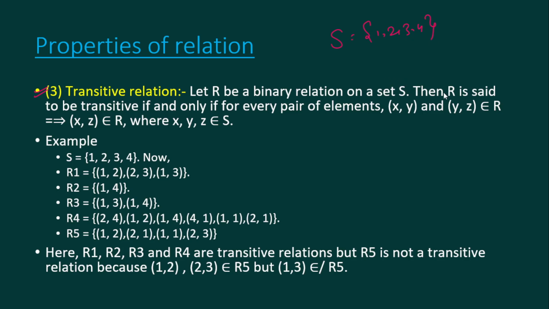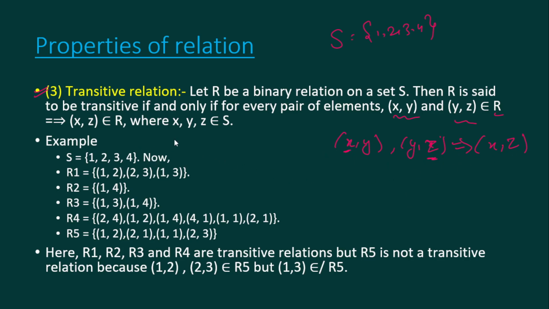Then R is said to be transitive if and only if for every pair of elements x comma y and y comma z belonging to R, if these two are present there, then x comma z should also be present there.